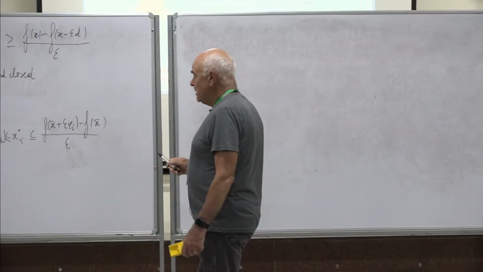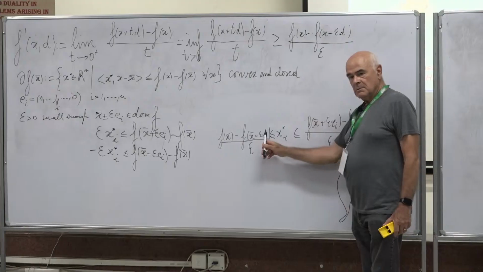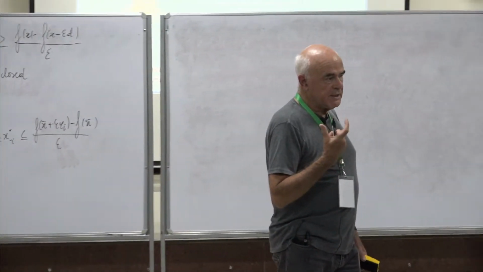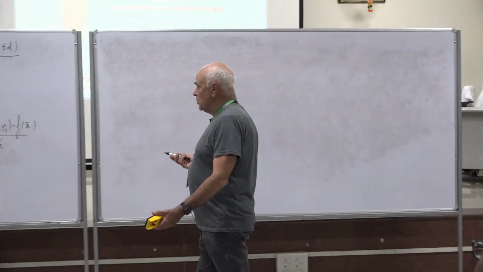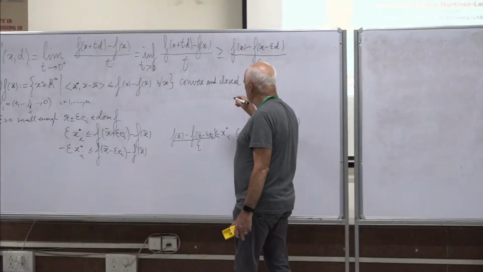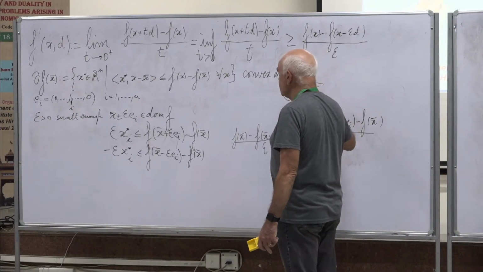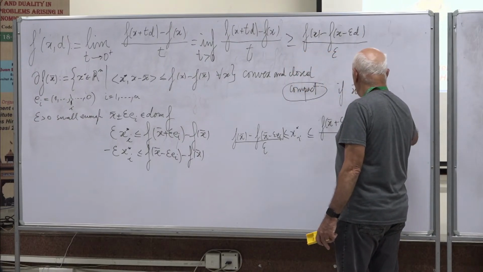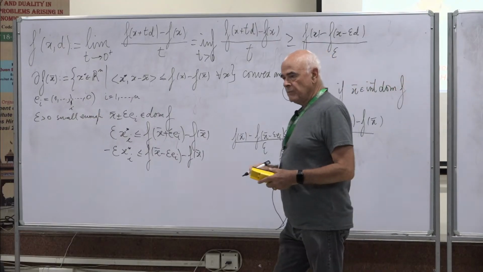So each component of x star is bounded from below and from above. So x star is in a bounded set. Okay? So this closed convex set is not only closed but compact. But I insist, when x bar belongs to the interior of the domain of f.